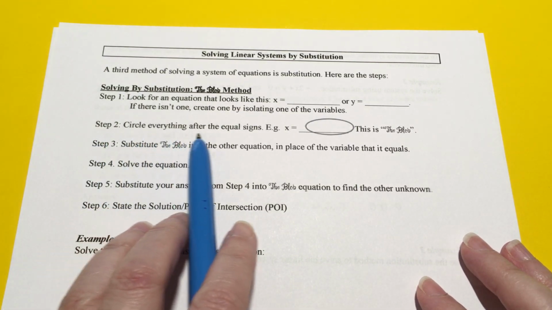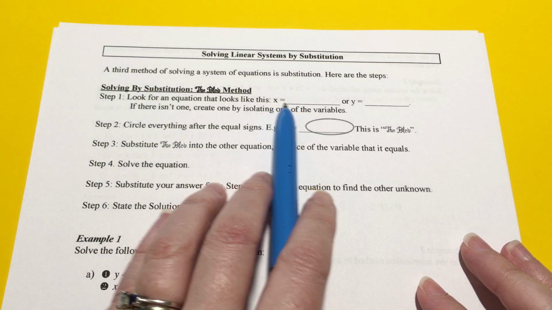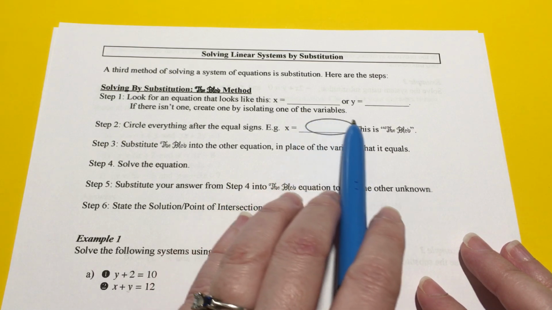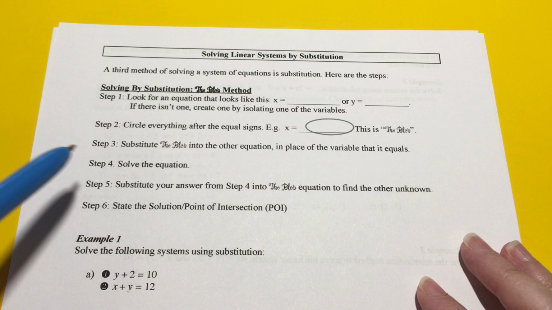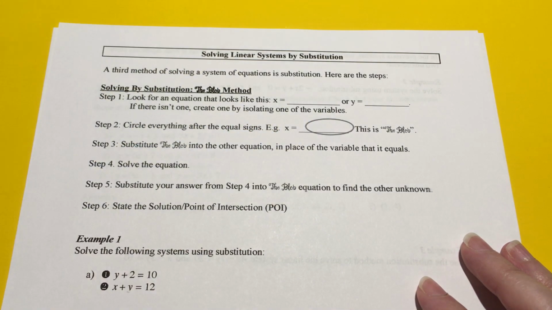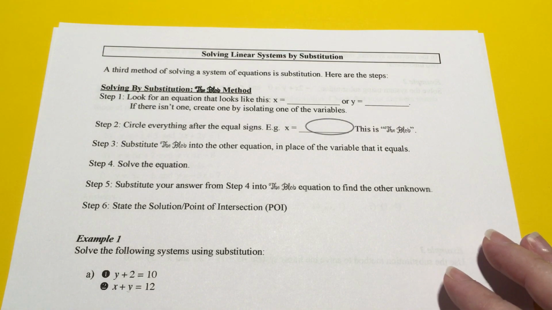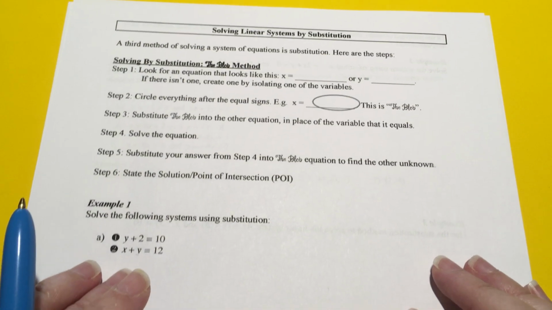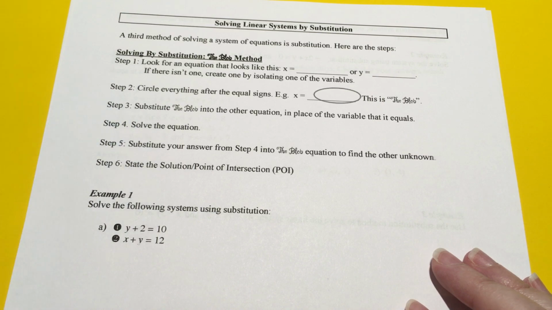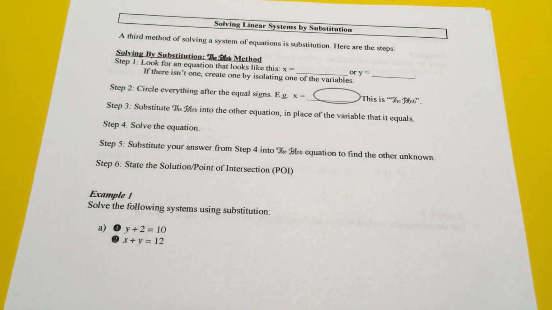Once you have an equation that has x equals something or y equals something, you're going to circle everything on that right-hand side, and that's going to be called the blob. Then you're going to take that blob and put it into the other equation, and solve that equation for whichever variable you have left.